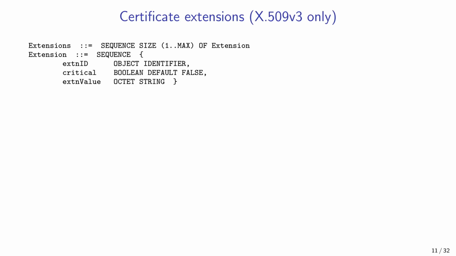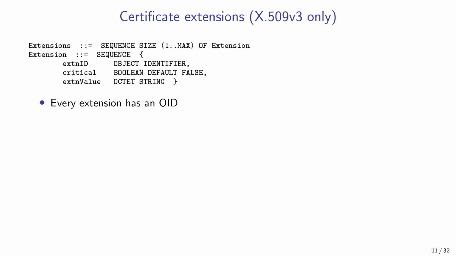Let's discuss the certificate extensions a bit. Version 3 of the X.509 standard introduced certificate extensions where we can specify more details about the certificate and its holder. These extensions are encoded by a triplet: extension ID, which is an object identifier, then the criticality flag, true or false, and the extension value encoded as an octet string.